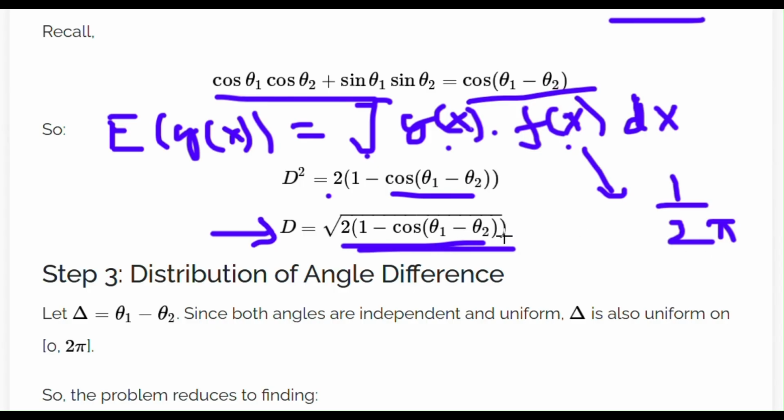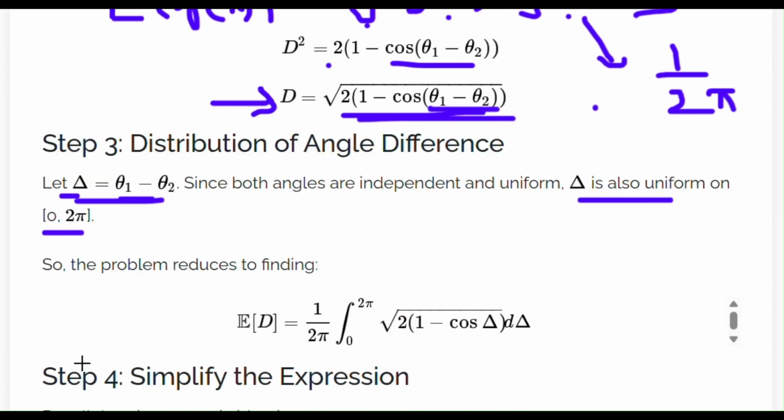But before we do this, we need to be clear on what exactly we are integrating against. Here we have two variables, theta 1 minus theta 2. What we'll do is substitute this theta 1 minus theta 2 with delta, the difference between the angles. And since theta is uniformly distributed between 0 and 2 pi, we can say that delta is also uniform between 0 and 2 pi.